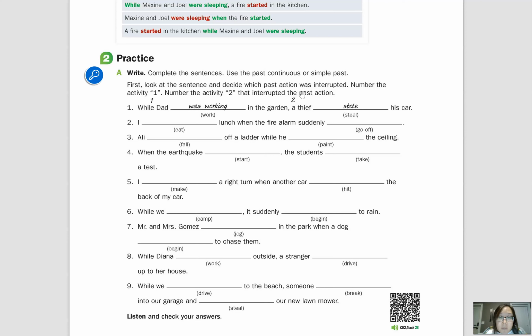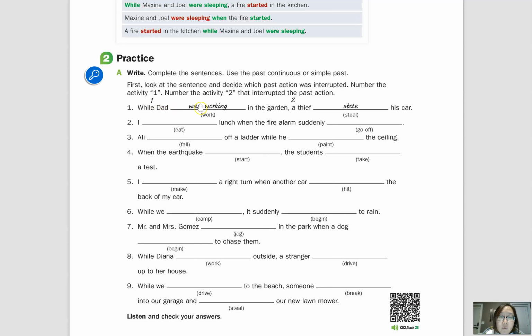Okay, so I know the grammar lesson might have been a little confusing, but it's simple to think about it this way. When we use while, we use it with an ongoing activity, a continuous activity. So while is usually used with something that's still going on, or like a process.